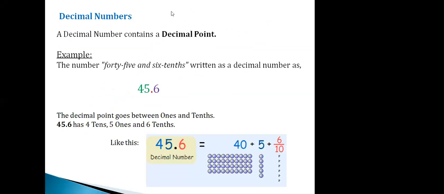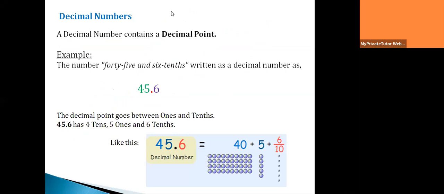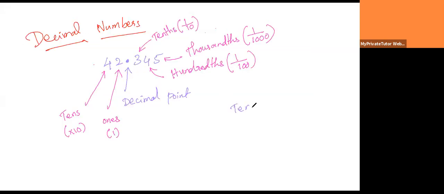Sir, what's the difference between tens and tenths? Okay. So tens is nothing but a 10, normal 10. For example, let's take tenth, T-E-N-T-H-S, which is nothing but 1 by 10.